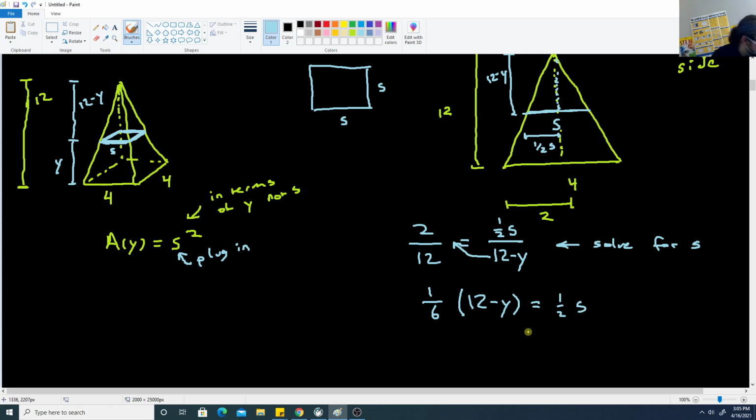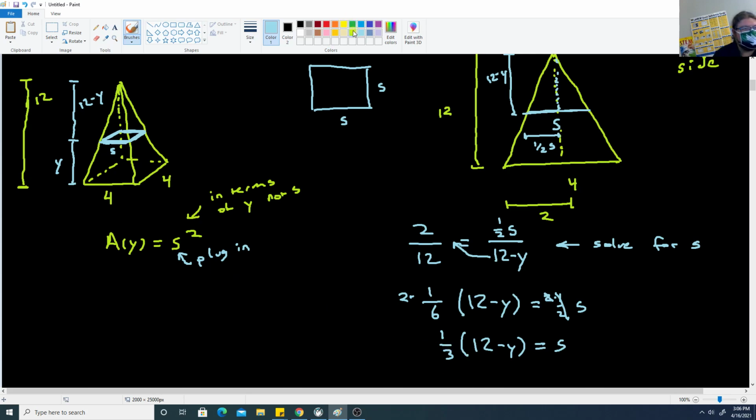I'm going to multiply everybody by 2 here. So these will cancel. 2 times 1/6 is 1/3. So we get 1/3 times 12 minus y is our s. So this is what s is in terms of y.